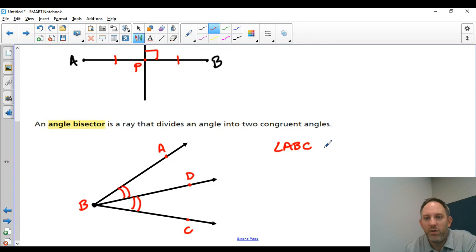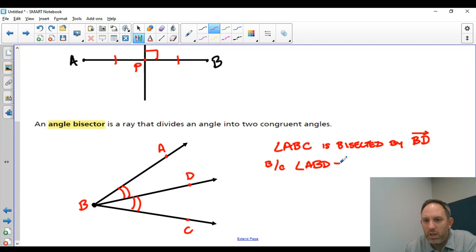So I could say that angle ABC is bisected by ray BD because angle ABD is congruent to angle DBC, right? That would be what it would mean if we said that angle ABC is bisected by ray BD.